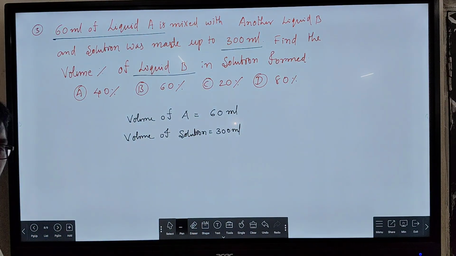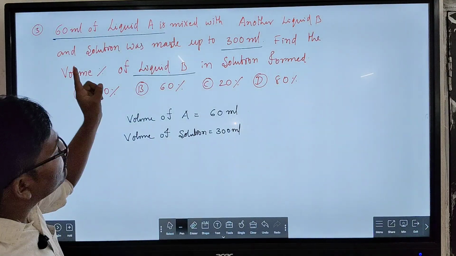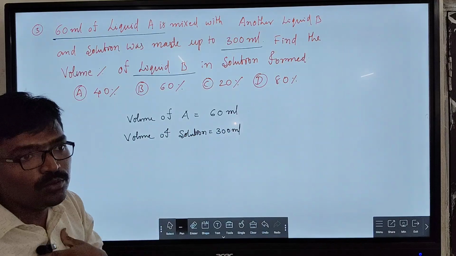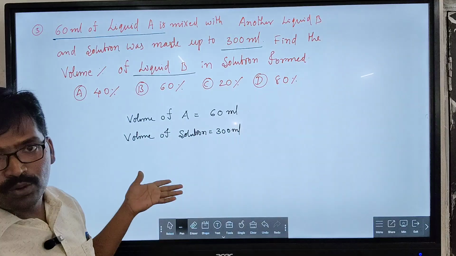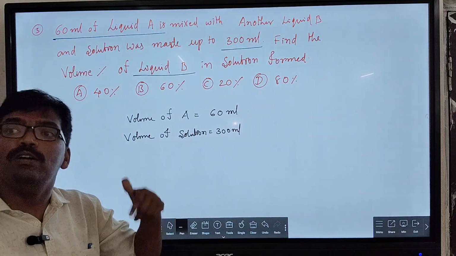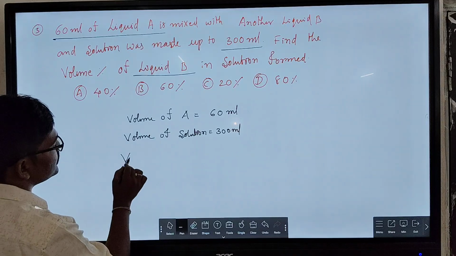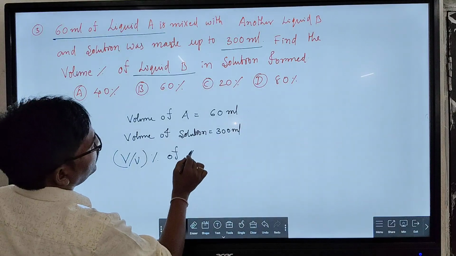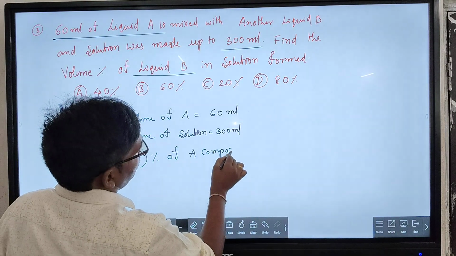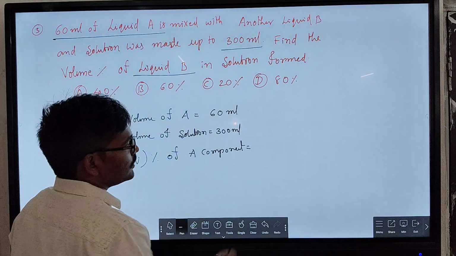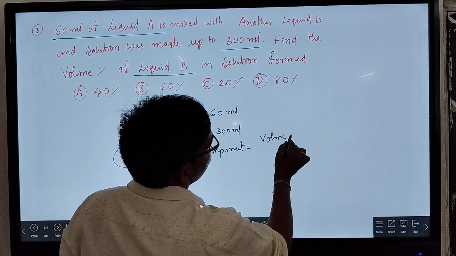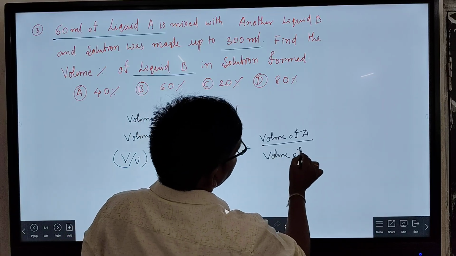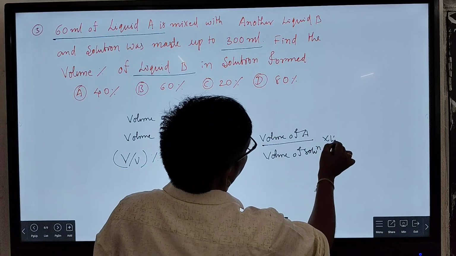Are you getting my point? If you want to find the liquid B percentage, it is volume of B divided by volume of solution into 100. But the volume of B we don't know here. So first you have to find the volume percentage of A. Volume by volume percentage of A component is equal to volume of A divided by volume of solution into 100.